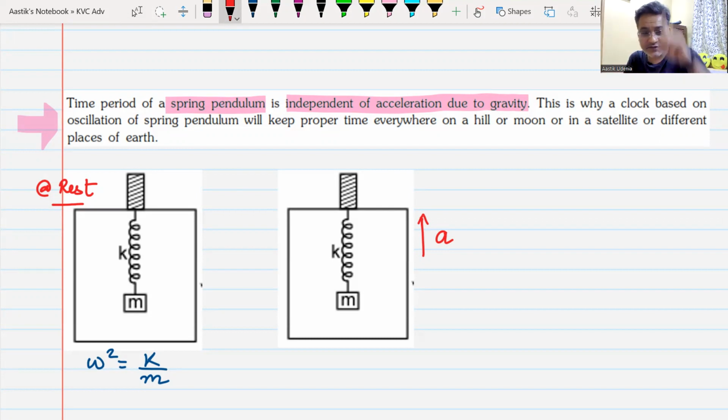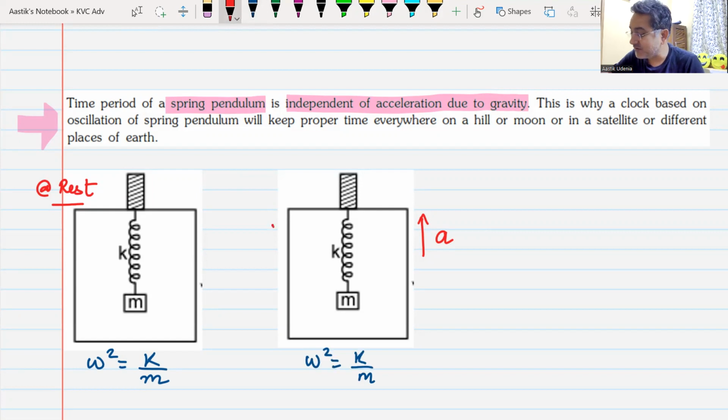This lift is moving upwards, remember, with an acceleration a. If I start the oscillation, what will be omega for this? Omega squared equals k by m.